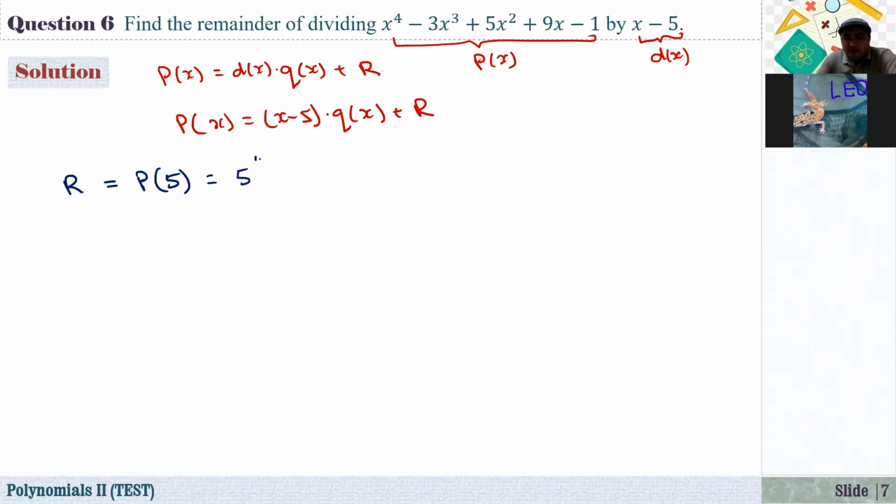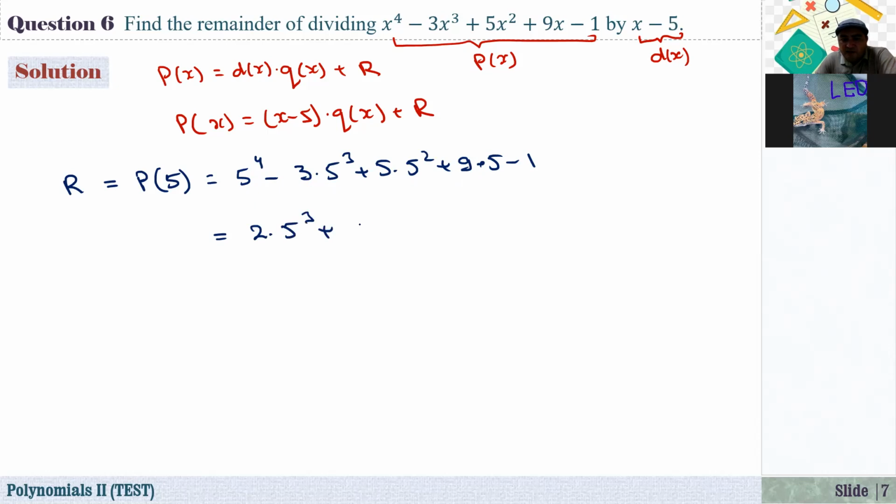So that is 5 to the power of 4 minus 3 times 5 cubed plus 5 times 5 squared plus 9 times 5 minus 1. Here, 5 to the power of 4 means 5 times 5 cubed, minus 3 times 5 cubed, so that's equal to 2 times 5 cubed.